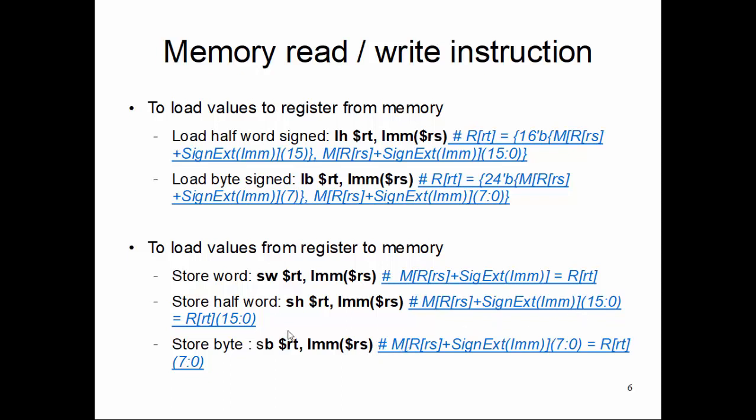We take the lower 16 bits of the RT register and store them into the address computed by adding RS and the sign extended immediate, and we store only 2 bytes there in this case. And for store byte, we store a byte onto the computed address, and we pick up the lower 8 bits of the RT register.